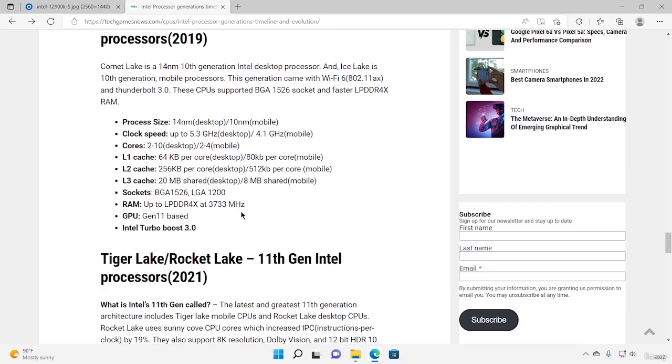So if you're ever curious about what generations preceded the CPU that you currently have, you can always go online and take a look at one of these sites. By the way, all of these sites that I go over will be included in your resources off to the side, so don't be afraid to click in there and find it yourself.